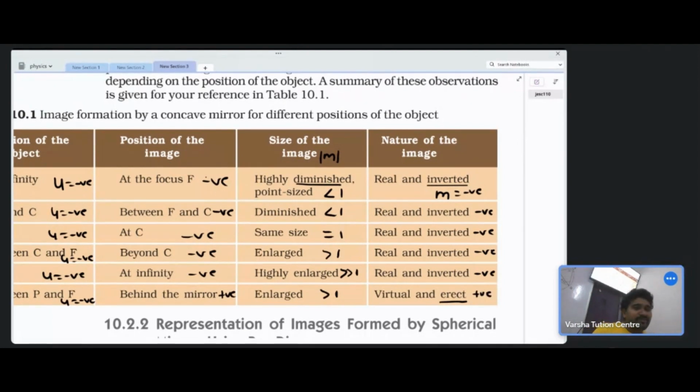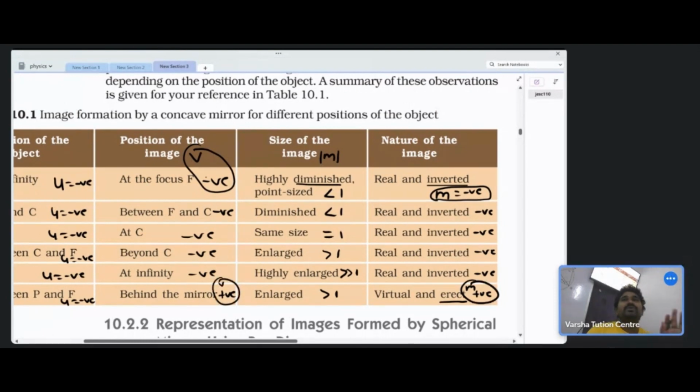One more point. Whenever m is negative, your v also comes as negative. Whenever m is positive, your v also comes positive. You can fix that. Based upon v, you can talk about whether it is inverted or erect also.